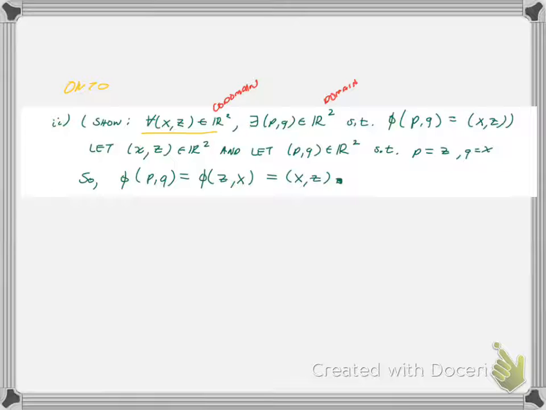Onto is saying for anything in your codomain, there is an element in your domain such that phi of that element equals whatever's in your codomain. So here there exists a (p, q) such that phi of (p, q) equals (x, z). That's what we're trying to show. So you should already know what to make your p and q.